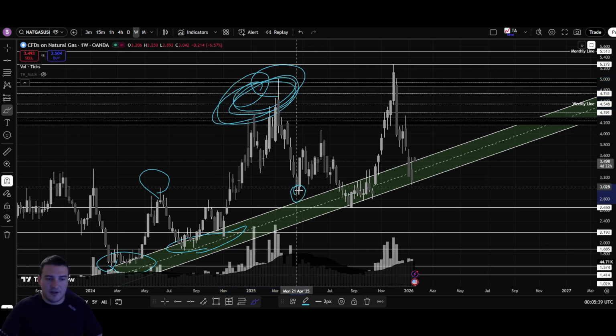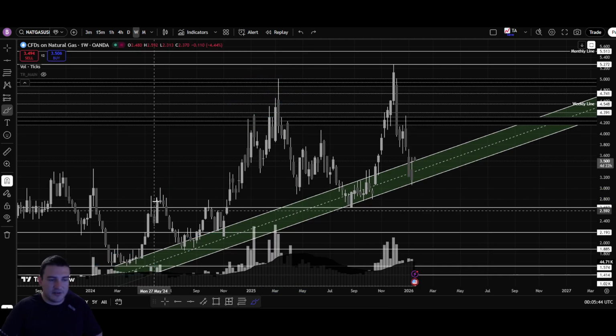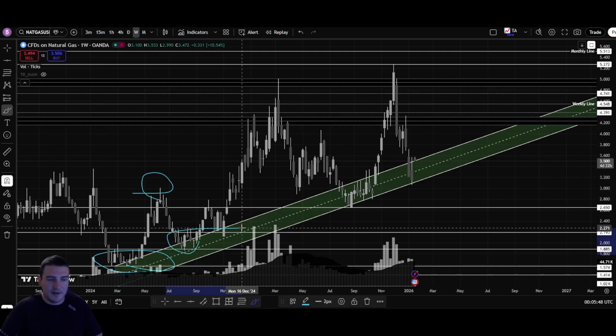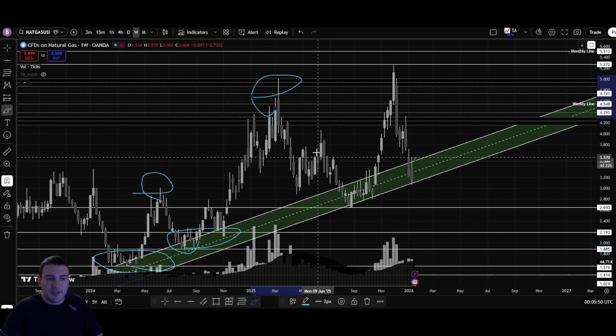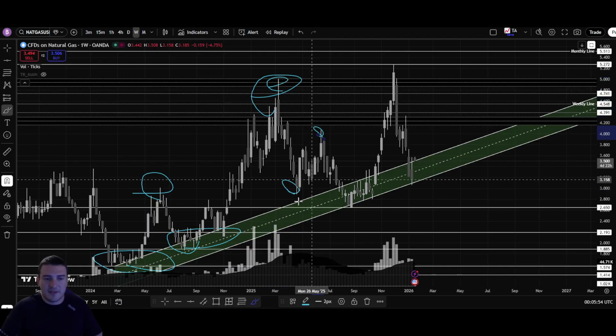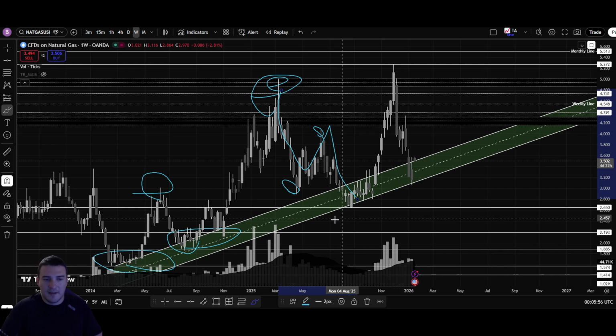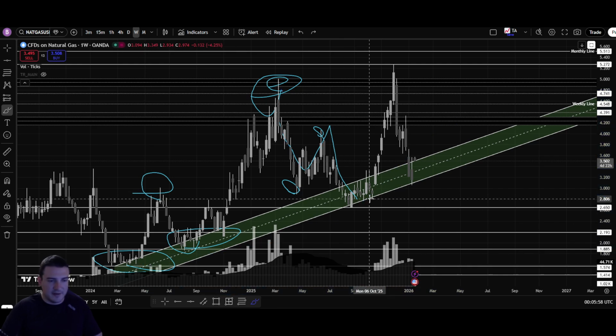The way this works is these are intermediate trends within the weekly. This is a weekly chart. This is a weekly trend, right? But then you have a daily trend inside of it, here, here. So this was a daily downtrend, but on a weekly uptrend.